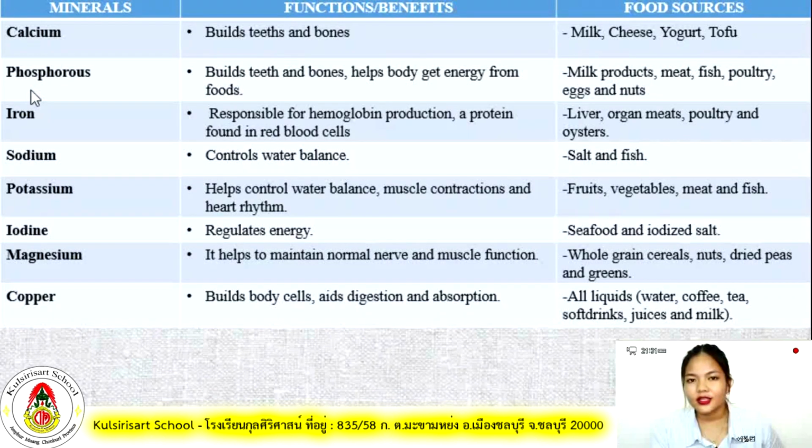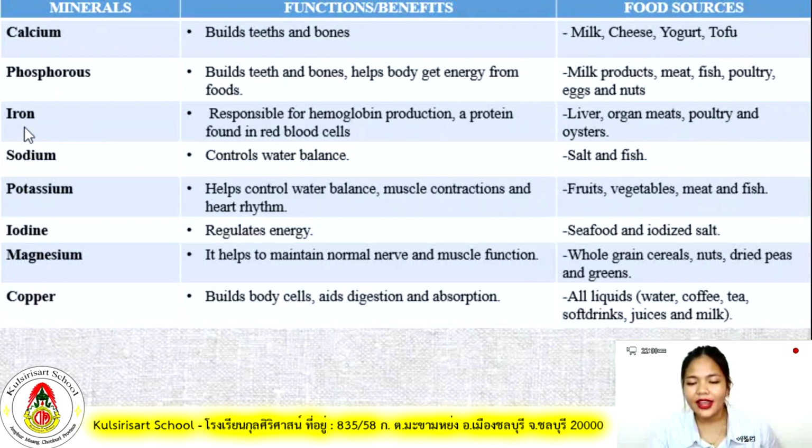Okay, the next one is phosphorus. Phosphorus, just like calcium, builds teeth and bones. It also helps the body get energy from foods. Phosphorus can be found in foods like milk products, meat, fish, poultry, eggs, and nuts. So protein-rich foods contain a high amount of phosphorus.